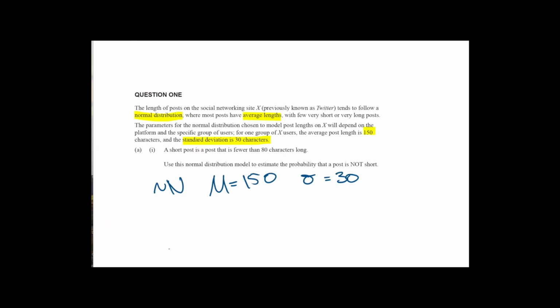You certainly can't have negative words in a tweet. I think there's a word limit for your count, the number of characters. But okay, so a short post is a post that has fewer than 80 characters. Use the normal distribution to estimate that the probability is not short.